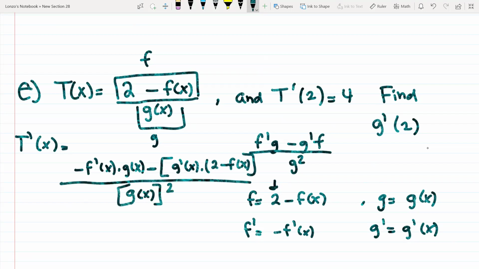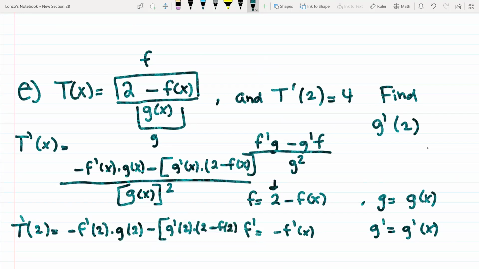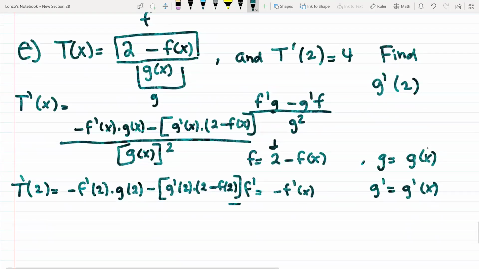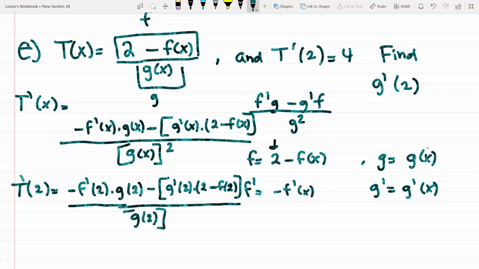Then I'm going to plug in t prime of 2. So g of 2 squared.